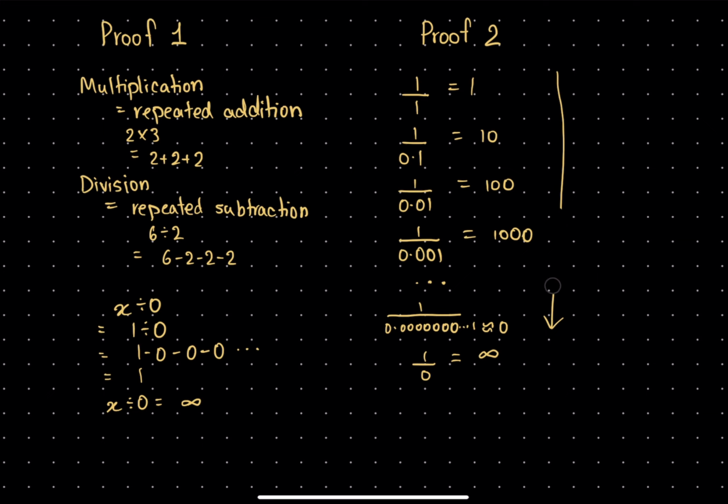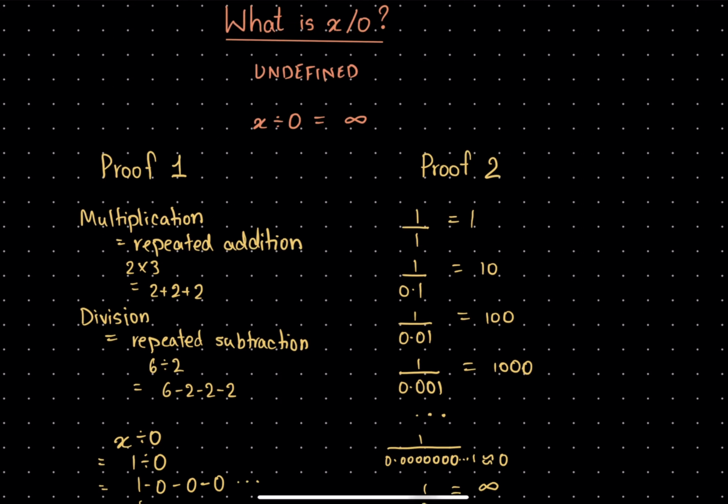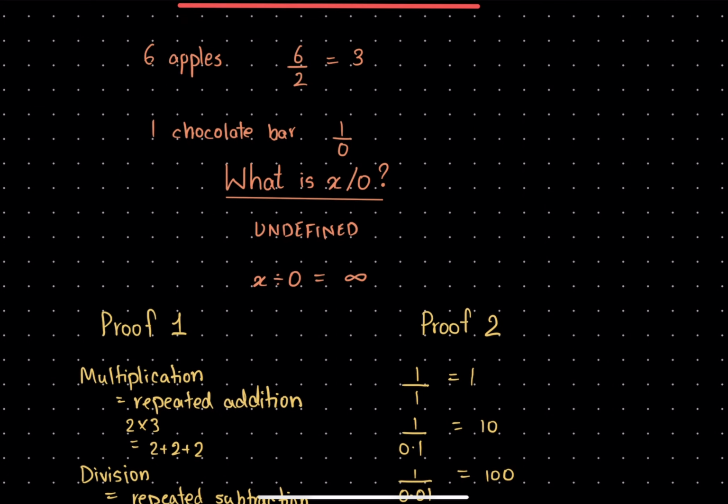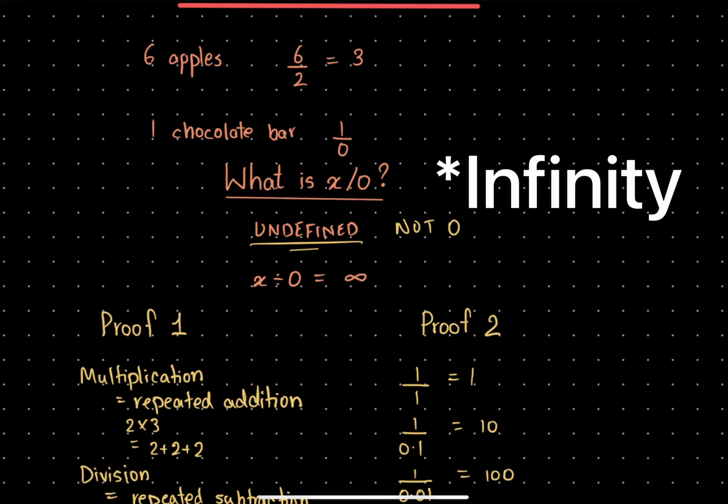So we can say that 1 divided by 0 gives us infinity.